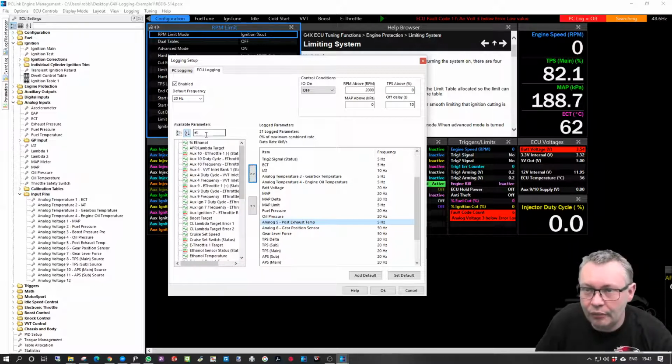Now I'm still looking at e-throttle. So one of the other things we would probably be interested to know for our e-throttle, just to make sure that nothing is going untoward, is the duty cycle, normally from the e-throttle on aux 10 and 9.